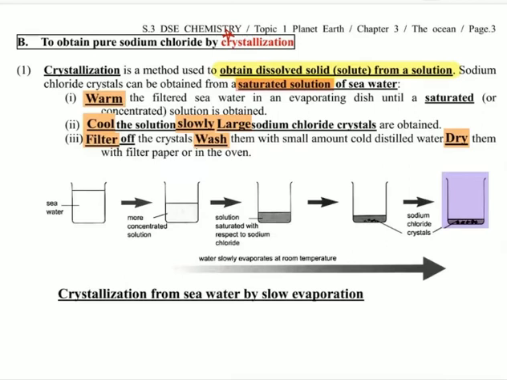So we need to warm the seawater in the evaporating dish until a saturated solution is obtained. But how can we know whether it is saturated? It's easy. After some time of heating, you can use a glass rod here.